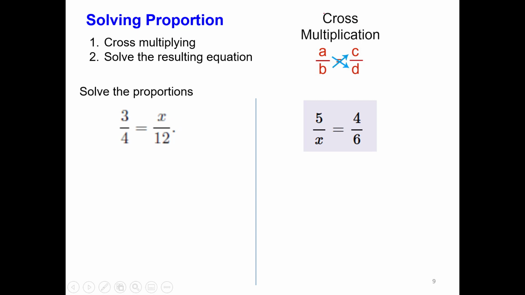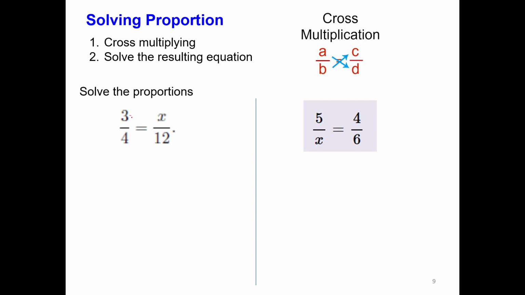Then we can use the cross product to solve the problem. First, we apply the cross product, and the second thing is to solve the resulting equation.